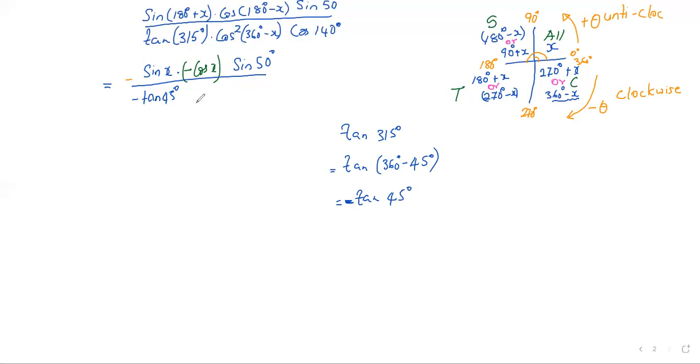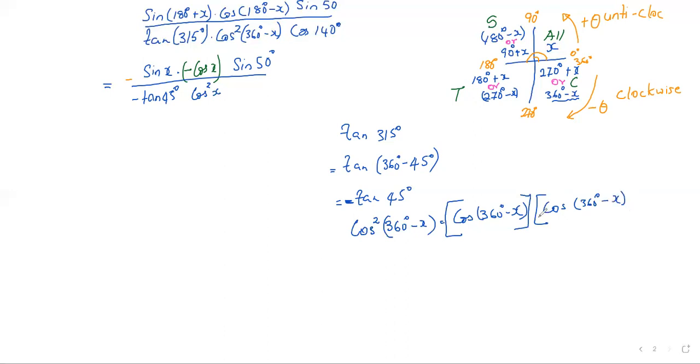Cos is positive there, and that will remain cos squared x, because the cos squared of 360 minus x is the same as the cos of 360 minus x multiplied by the cos of 360 minus x.